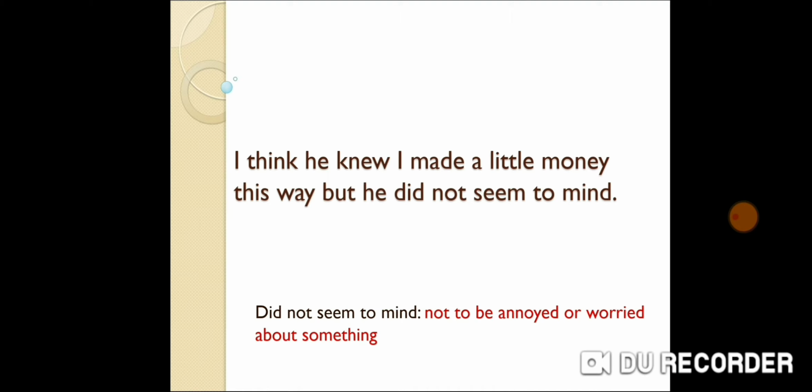So from that also he was making the profit of 1 rupee, and you can see here he was not getting any salary. So here, did not seem to mind means not to be annoyed or worried about something. So the thief thought that Anil knew very well about this, but Anil is not showing any annoyance or any worry about it.